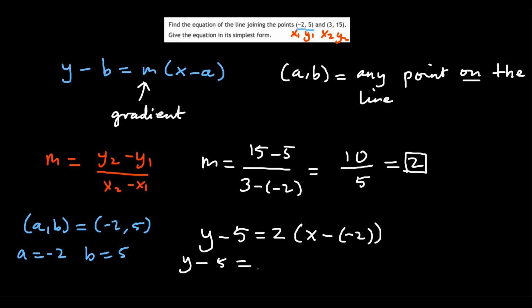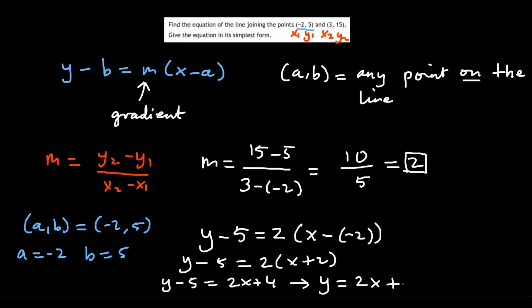So y minus 5 equals 2 times (x plus 2), and that becomes 2x plus 4. And then finally, we just move the minus 5 to the other side. So that gives y equals 2x plus 9. And that would be the equation of the line.